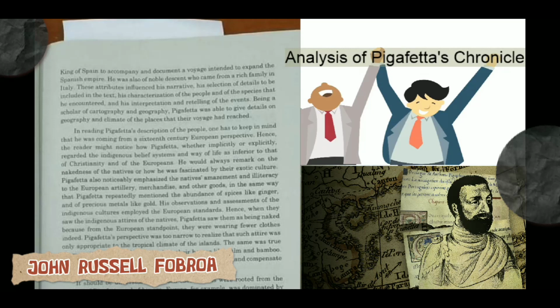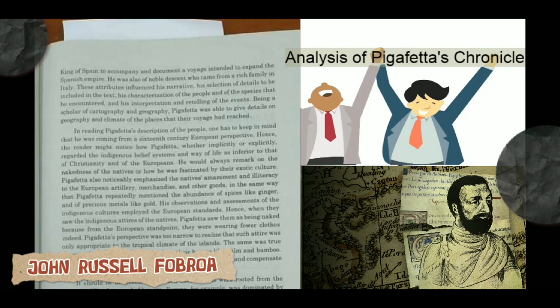Hence, when he saw the indigenous attire of the natives, Pigafetta saw them as being naked, because from the European standpoint, they were wearing fewer clothes. Pigafetta's perspective was too narrow to realize that such attire was only appropriate to the tropical climate of the island.